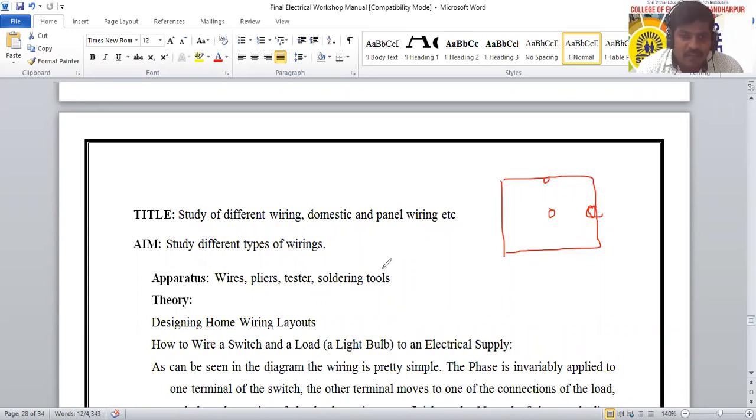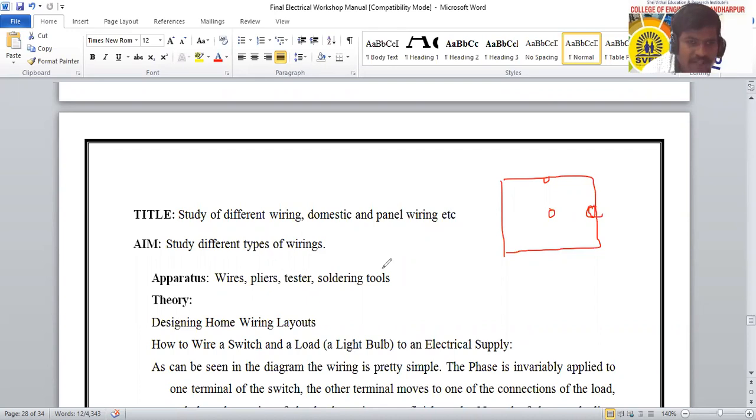When you are at the second place, your first load gets off and your second load should be on. So the connection should be made like that.